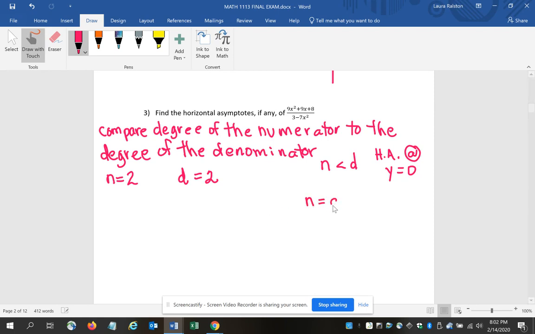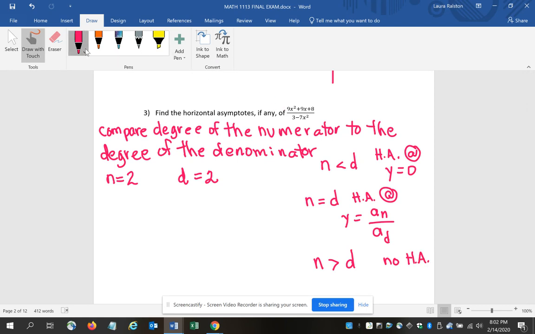If the degrees are equal, there is a horizontal asymptote at y equals the leading coefficient of the numerator divided by the leading coefficient of the denominator. If the numerator degree is greater than the denominator, there is no horizontal asymptote.